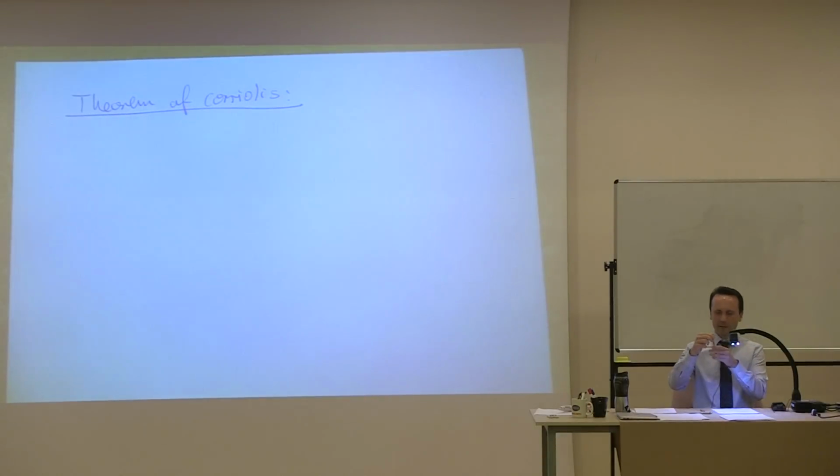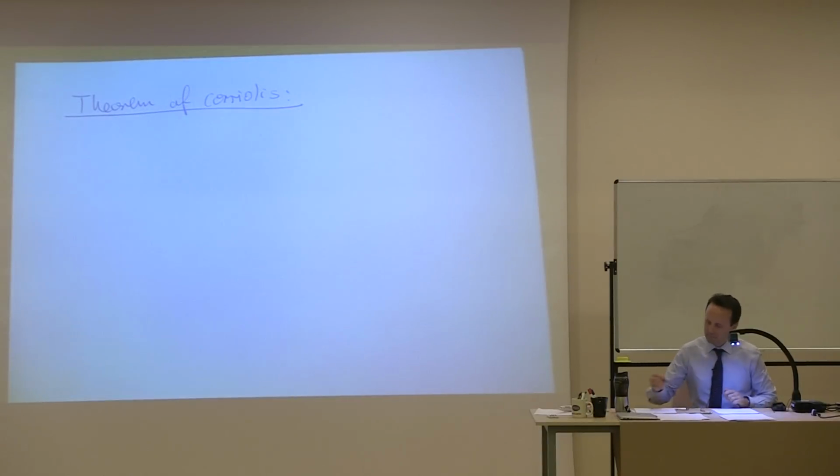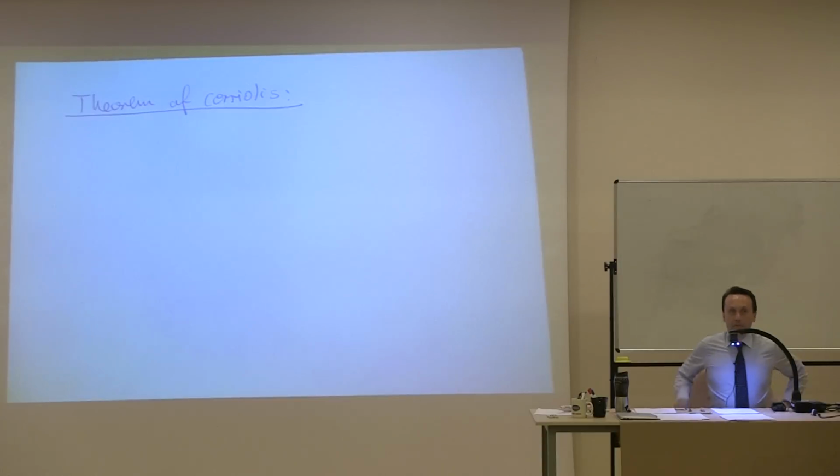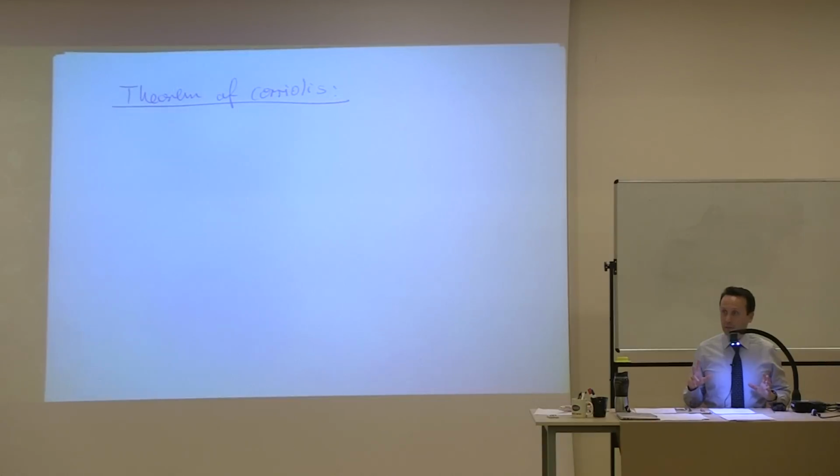Should be your favorite topic. Theorem of Coriolis. We need to understand this very well, otherwise we will not be able to write the equations of motion in 3D. Okay, so this is a serious topic.